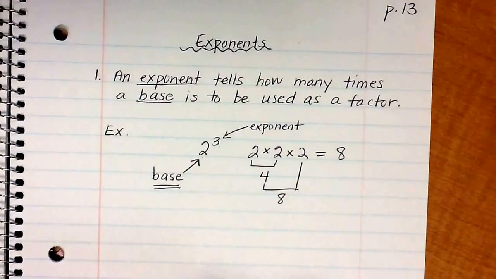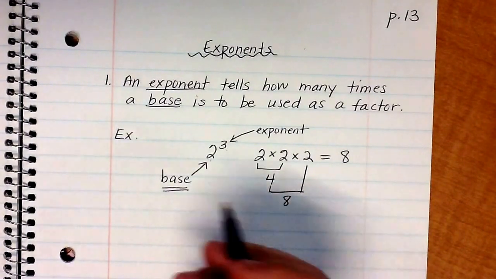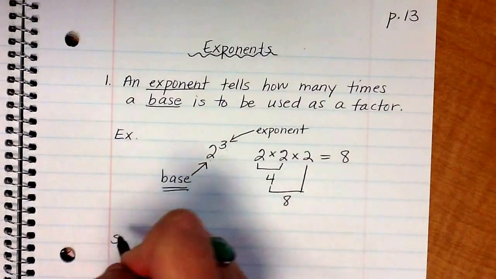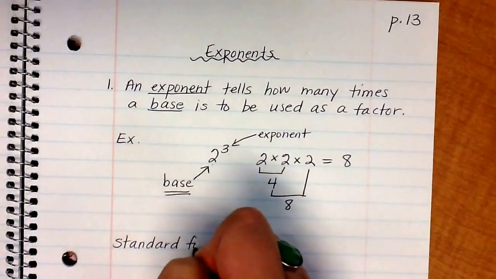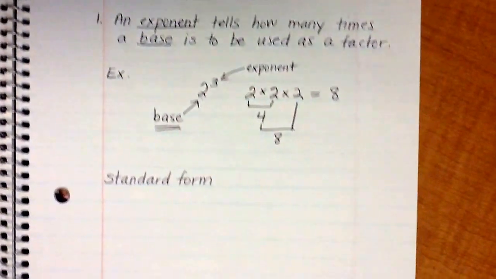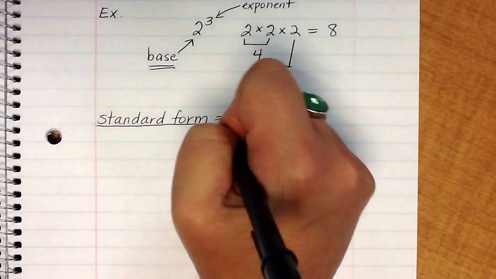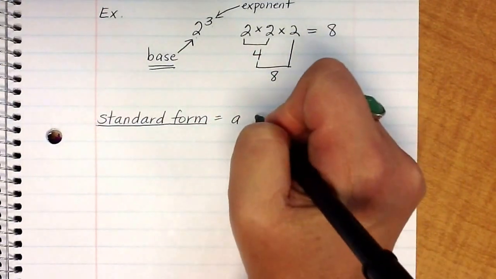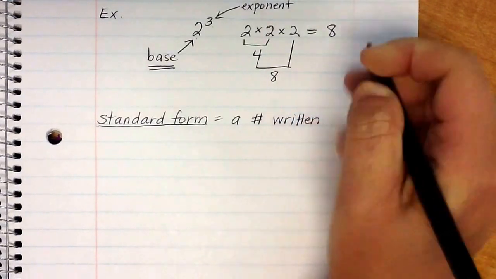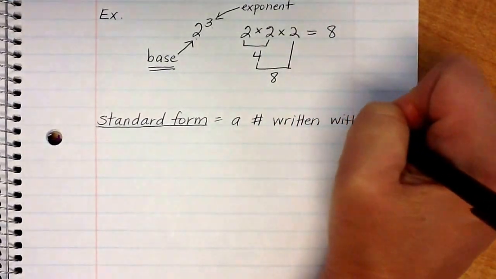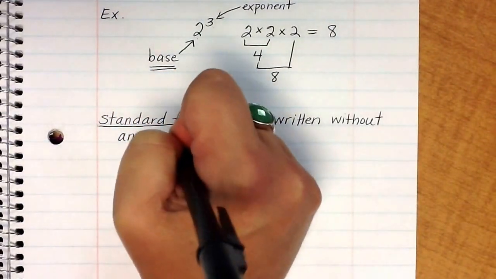So now another thing that you need to know, there's a few vocabulary words that are going to be very important to this section. One of them is standard form. Standard form is when a number is written without an exponent.